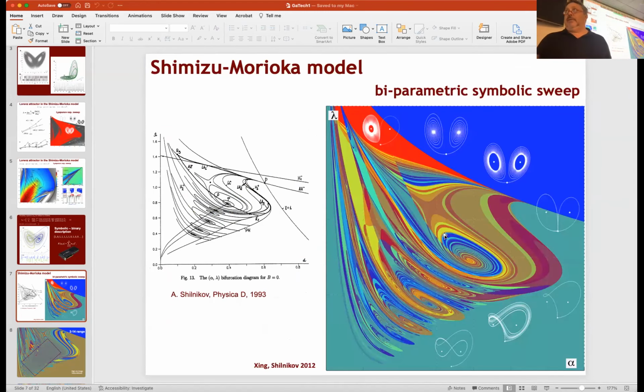The colors in this picture have no meaning whatsoever. Your goal is to make sure the color map is not continuous, so you can see the difference between the lines, and each line corresponds to a homoclinic bifurcation. What is that? For example, this primary line means it's a primary homoclinic bifurcation.